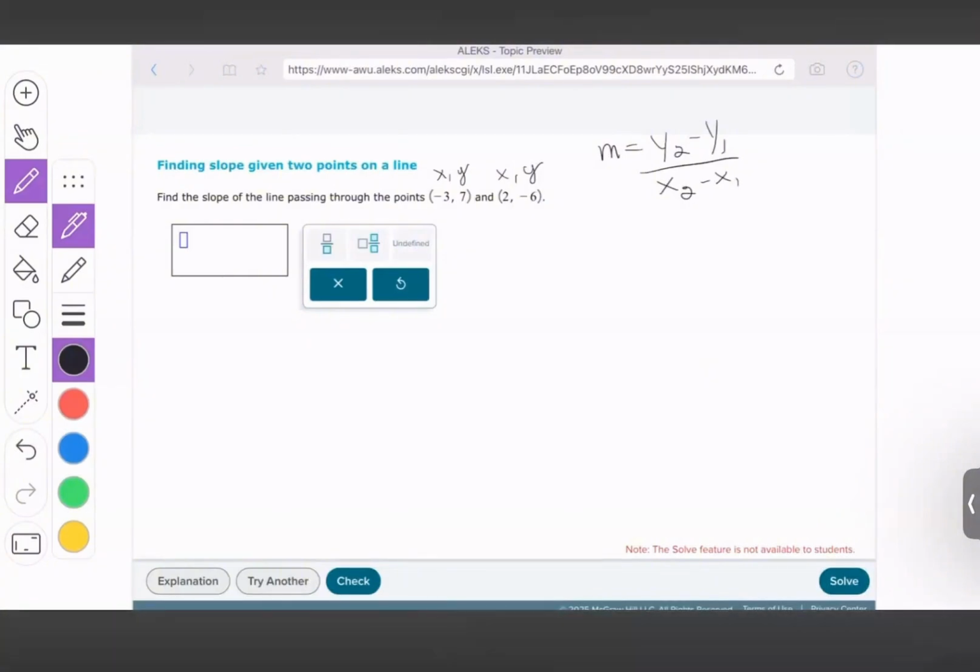And there's a couple of tricks that you can do. If you want to stack them on top of each other like this, then you can see a little bit clearer what's going to happen. So for my y2, I'm going to choose -6. So slope is equal to -6 minus 7. You have to be careful with signs.